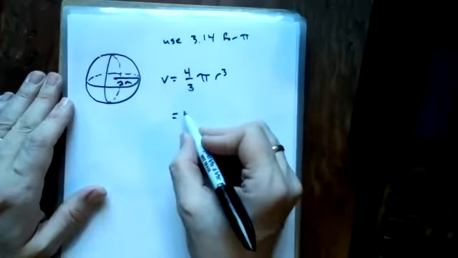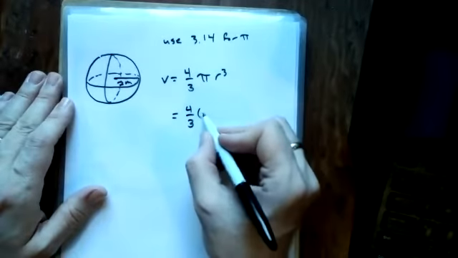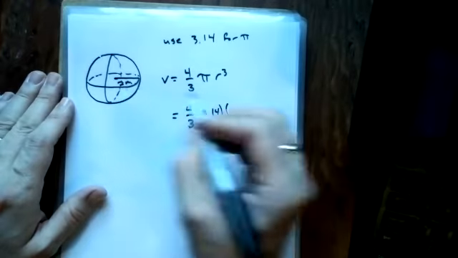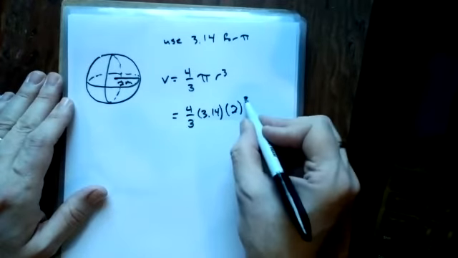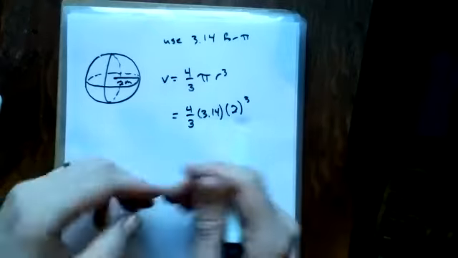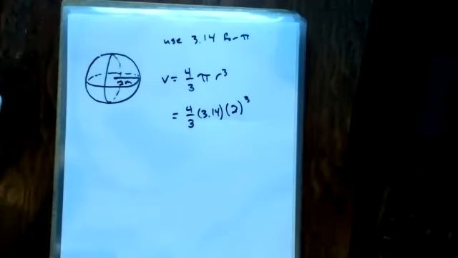Okay, this will be 4/3. Like I say, I'm going to use 3.14 here. So 3.14, and this is going to be times our 2 cubed. Now that's meters cubed. That would be meter times meter times meter, which would be cubic meters.